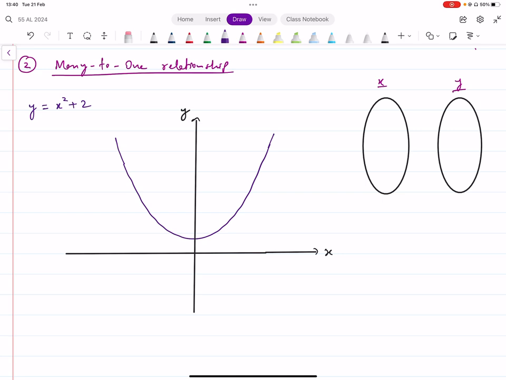What does that give us? -2 input करते हैं क्या मिलता है? 6. Let's input -1. That gives us 3. If we input 0, that gives us 2. If we input 1, that gives us 3 again. And if we input 2, that gives us 6 again.